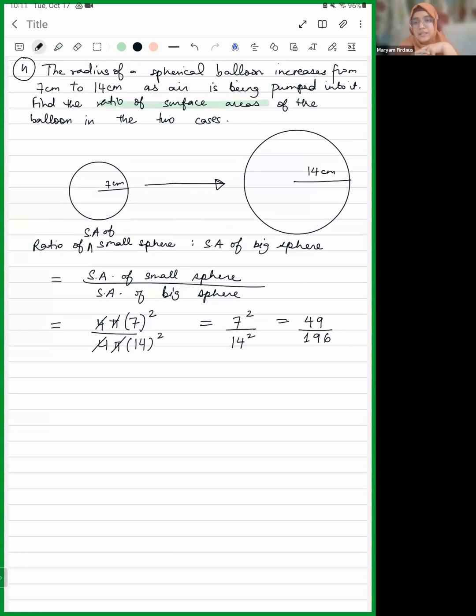So this is going to be the answer. 49 by 196. Ma'am, they can be simplified as well, right? Yes, they can be simplified. In fact, instead of doing this, what we can do is you can write it as 7 into 7 by 14 into 14, na? Because 7 squared is 7 into 7, 14 squared is 14 into 14. So 7 twos are 14, 7 twos are 14. So it is 1 by 4.